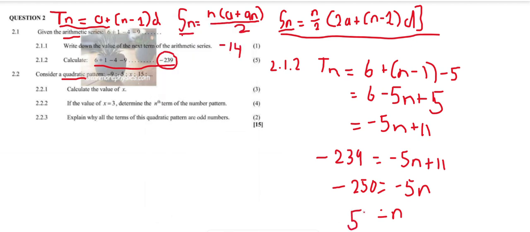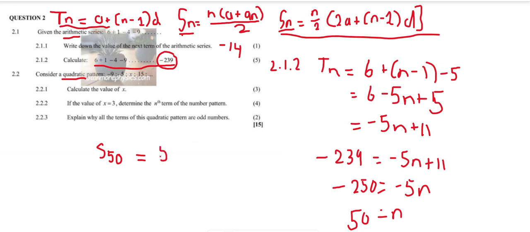Now, since we have established we have 50 terms, we can find the sum. S50 equals, so in this case the first formula will be the one to use, because we have the first term and we have the last term.